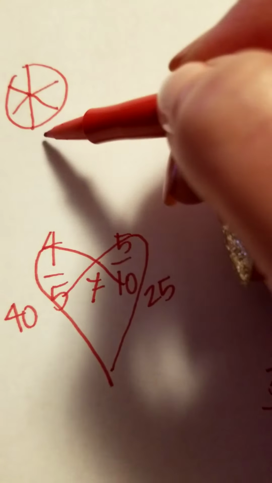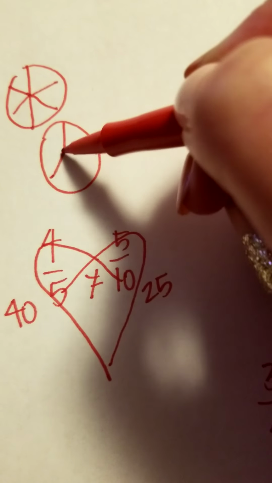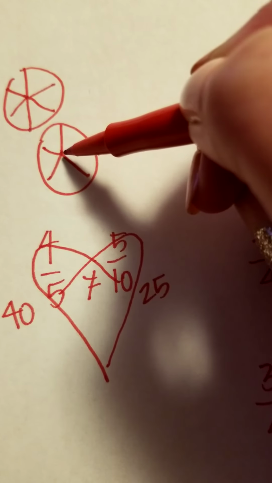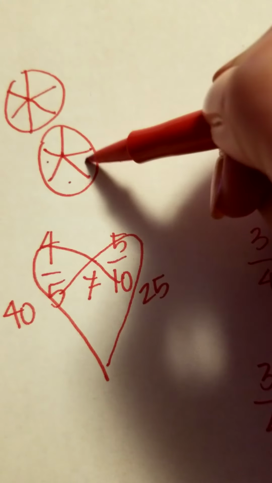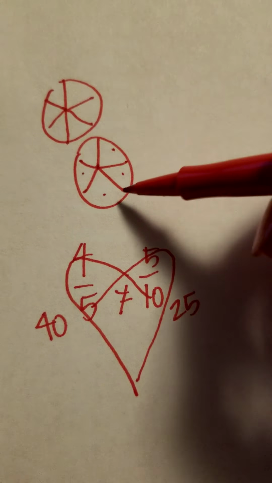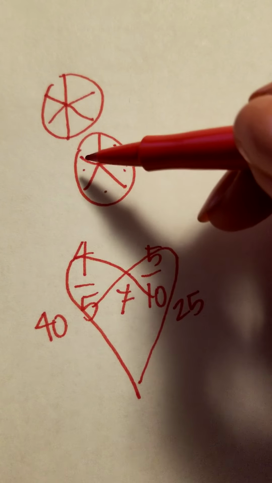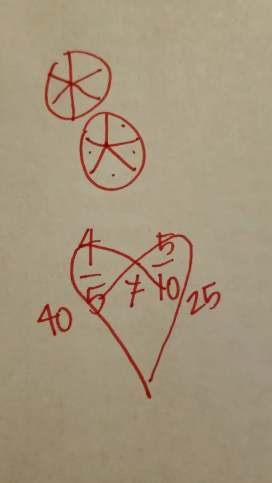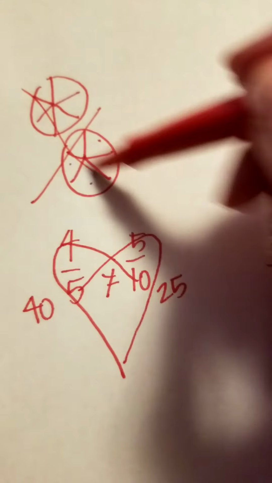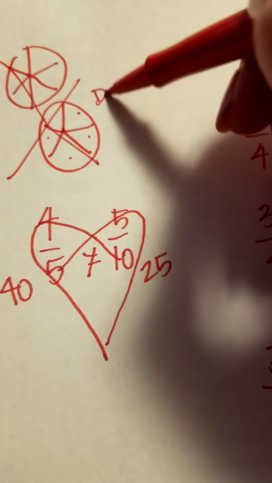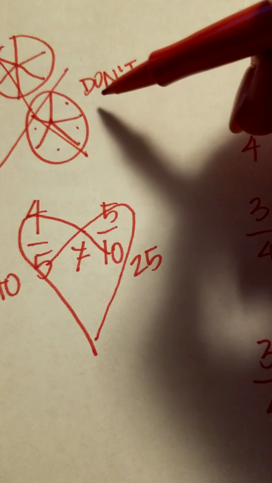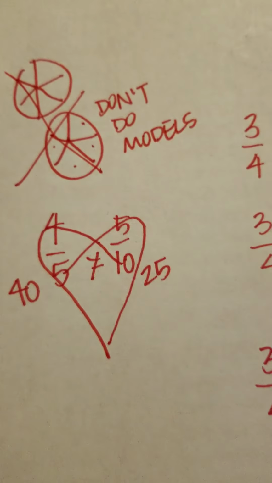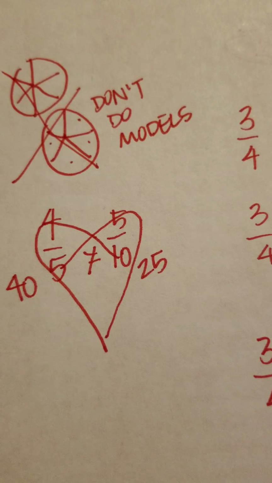See, I can't even do a 5th. If they do fifths that way, as you can see, all these pieces aren't equivalent. So it's going to be hard for them to even do a model. So I say don't do the models for this. They can if there's one provided for them, but I recommend you don't try to draw them.